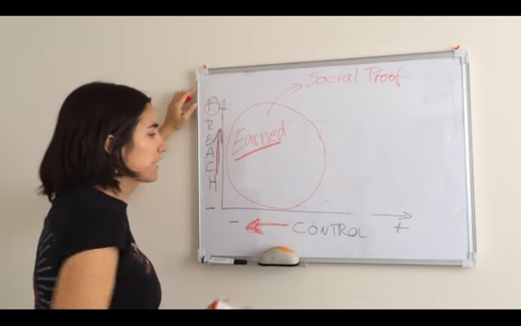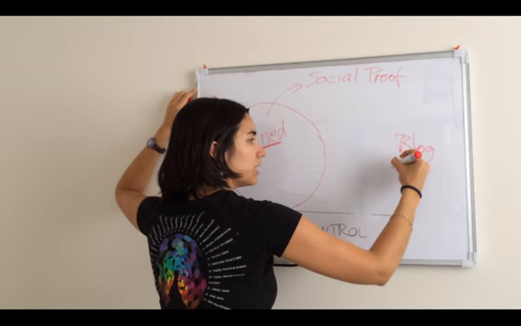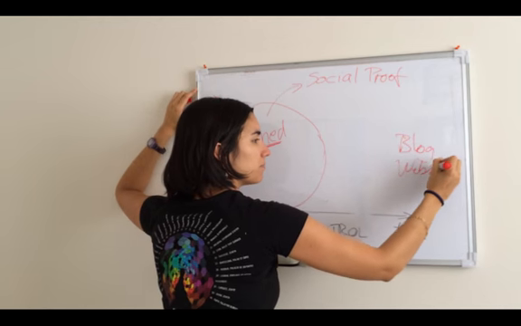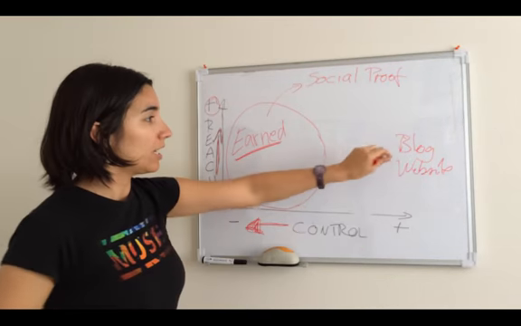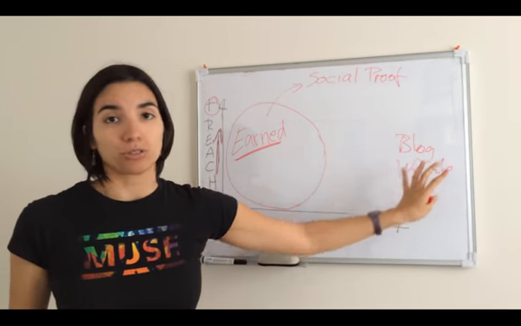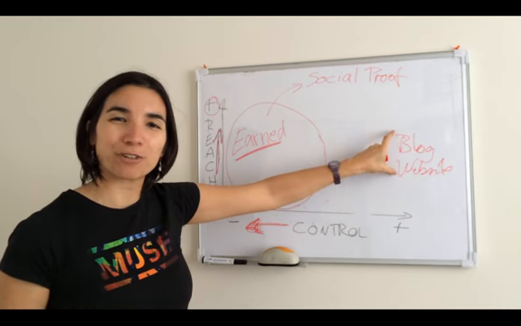So earned media happens when other people... you have your blog, right? You have your blog, you have your website. Earned media is when other people, third parties, because maybe they got to your website through paid media, start advertising for you.